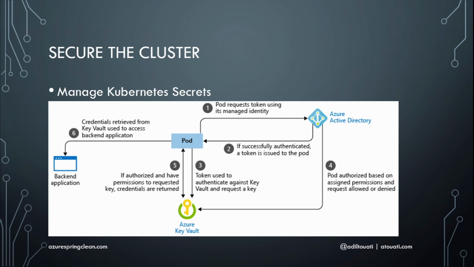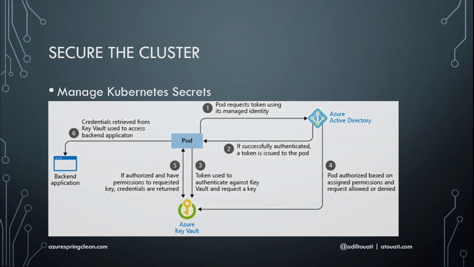You can use a pod managed identity, which we will cover later in this video, to request access to Key Vault and retrieve the credentials you need through the Flex Volume driver. Azure Key Vault with Flex Volume is intended to use with applications and services running on Linux pods and nodes.